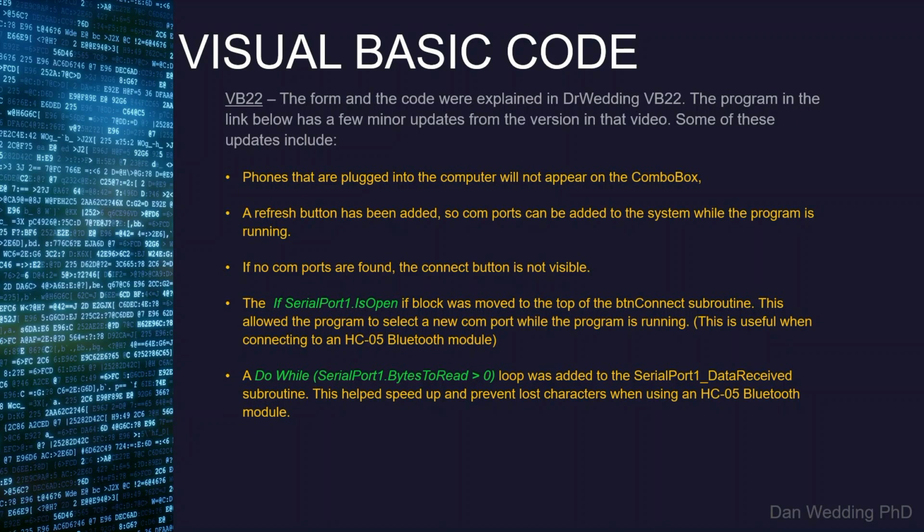This allowed the program to select a new COM port while the program is running. This is useful when connecting to an HC05 Bluetooth module. A do while SerialPort1.BytesToRead is greater than 0 loop was added to the SerialPort1 DataReceived subroutine. This helps speed up and prevent lost characters when using an HC05 Bluetooth module.